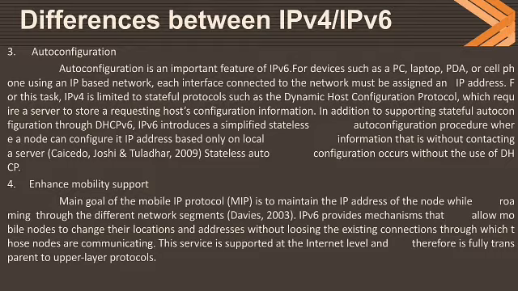IPv6 provides a mechanism that allows mobile nodes to change their location and addresses without losing the existing connection through which those nodes are communicating. This service is supported at the Internet level and is therefore fully transparent to upper layer protocols.